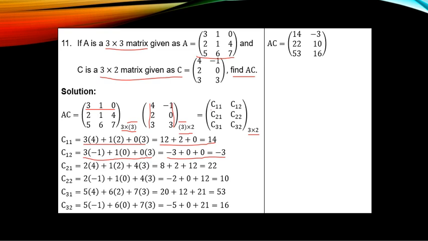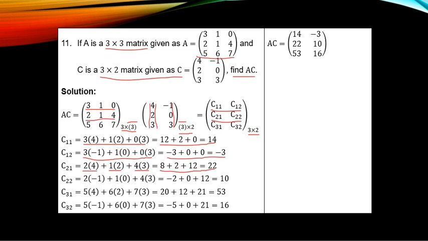What you have done now is the first row. You move to the second row. For the second row, you use the second row of matrix A to multiply the first column of matrix B, element by element. So you have 2 times 4, 1 times 2, 4 times 3. That is 8 plus 2 plus 12. That is 22.